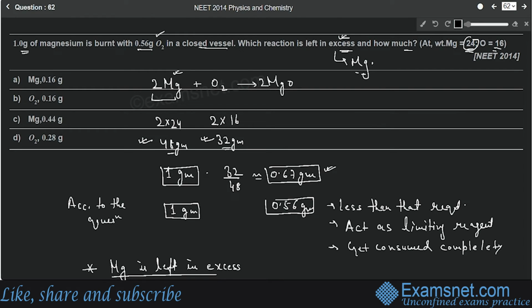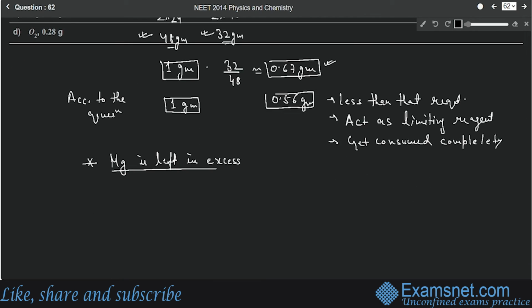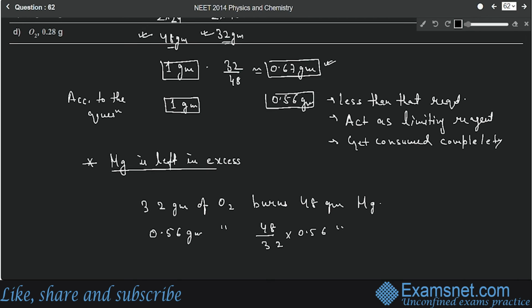Now how much? So let's see. We know that according to the above reaction, 32 grams of oxygen burns how much magnesium? 48 grams of magnesium. But how much oxygen do we have available? According to the question, 0.56 grams of oxygen. So 0.56 grams of oxygen will burn 48 divided by 32 into 0.56 grams of magnesium.